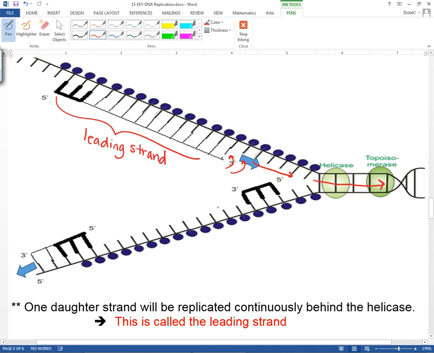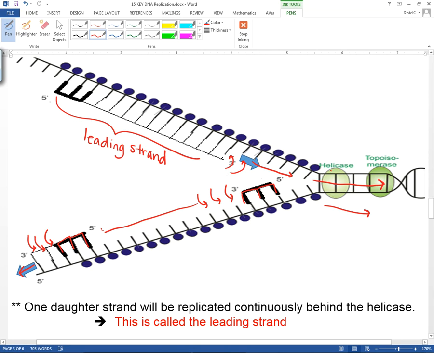However, on this side, we placed a primer. We added new nucleotides to that 3' end, so replication happens in this direction. But what about all this space? Well, we have to place another primer. And then we add nucleotides to fill in all the way over here, right? But remember, as helicase continues, then you're going to open this up even more.